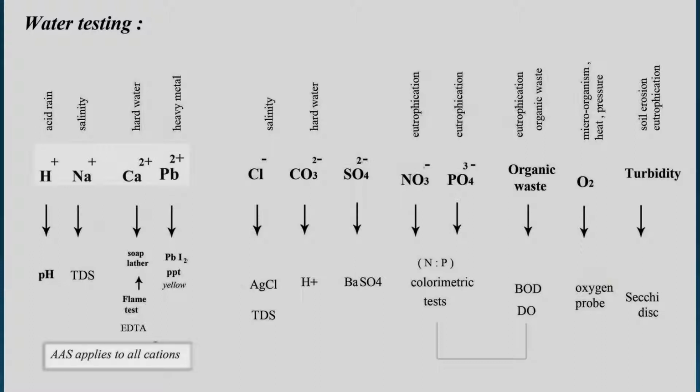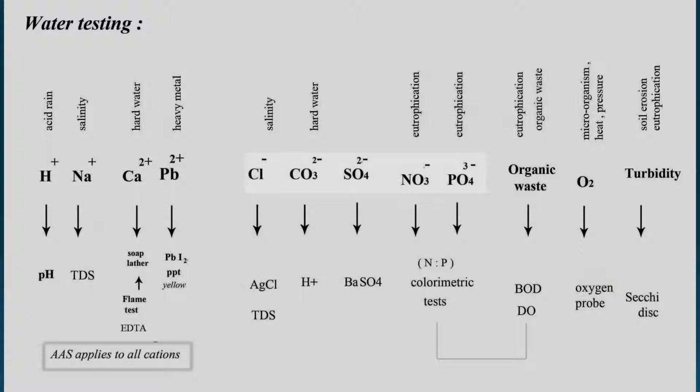All these positive ion tests can use AAS to find the concentration. After you do the precipitation test, you can use AAS to find out the quantity.